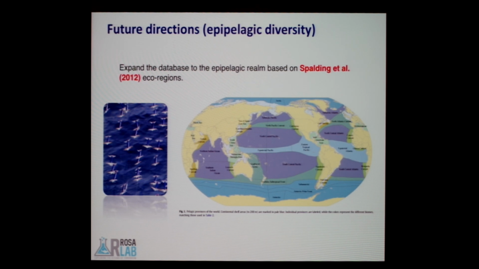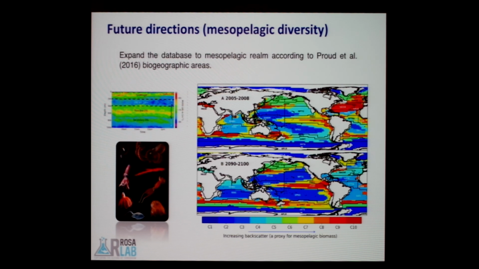But I want to keep Vasco with me, and we want to go even further. So in Japan, in Okadate, we spoke about the possibility then to expand to the epipelagic realm, following Spalding's ecoregions for the open ocean. So after all this is done, we are definitely going in this direction, and then going to the mesopelagic diversity.